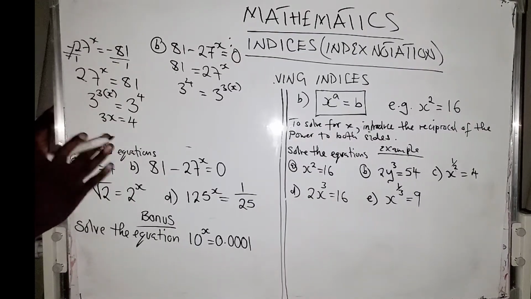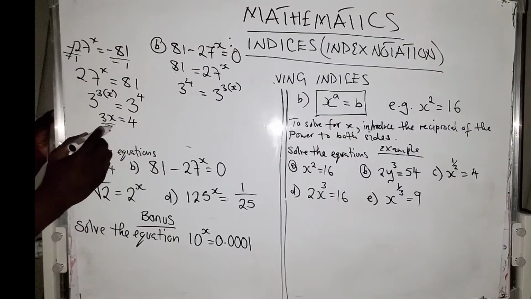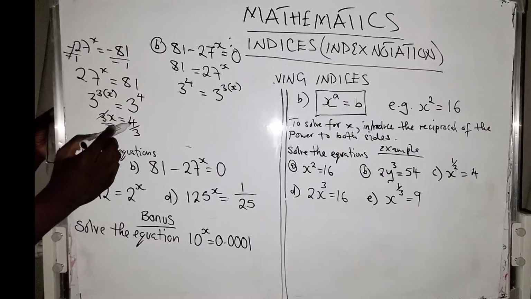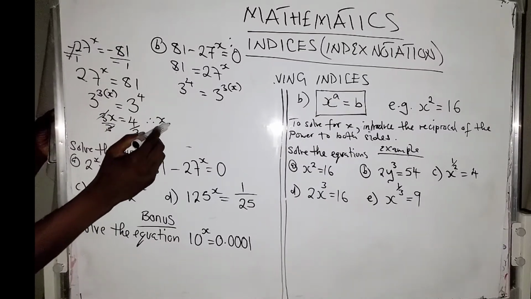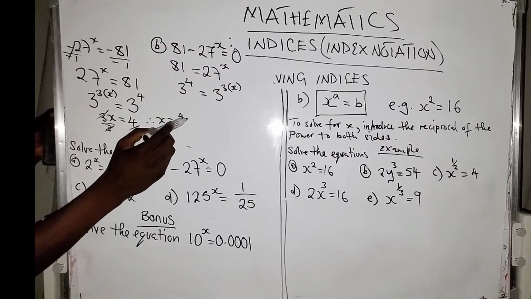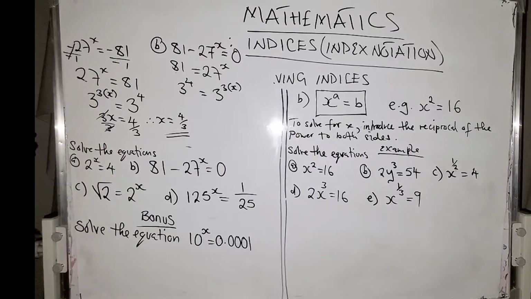Here we can divide both sides by 3. This 3 and this 3 cancel. Therefore, the value of x is equals to 4 over 3.